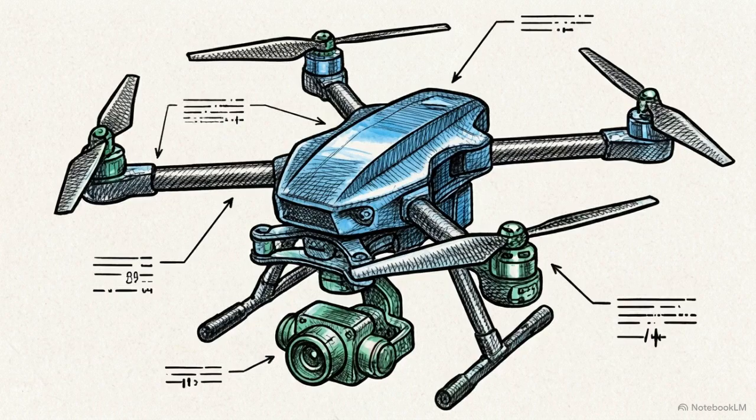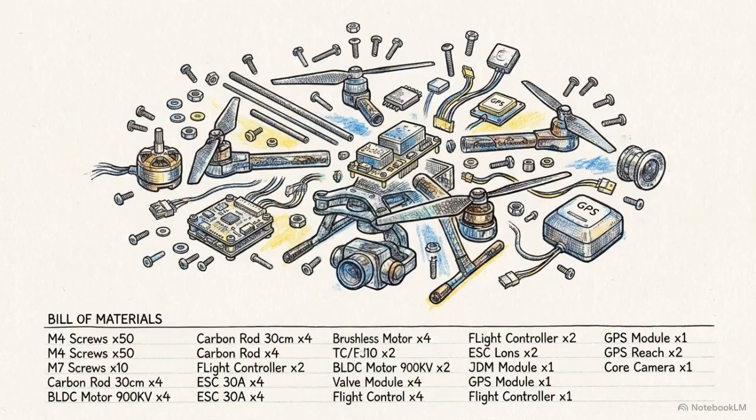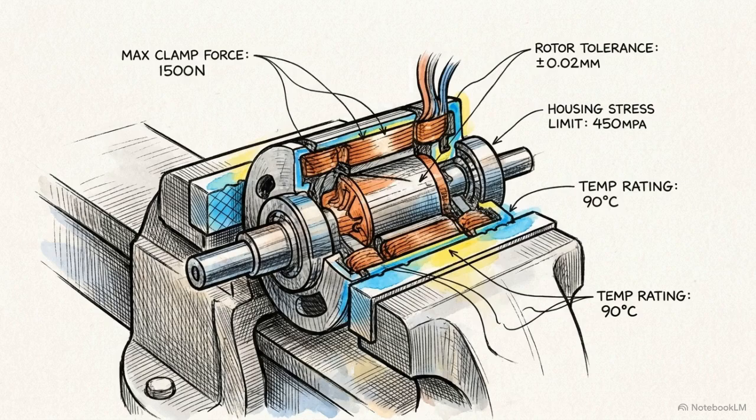We can apply the same rigor to the physical structure of the quadcopter. A physical bill of materials lists existing parts, but lacks the logic defining how those components operate together or fail under stress. Risk is relative to function. A component becomes a liability only when viewed against the specific requirement it is engineered to satisfy.